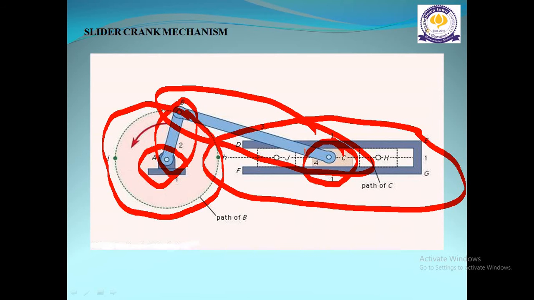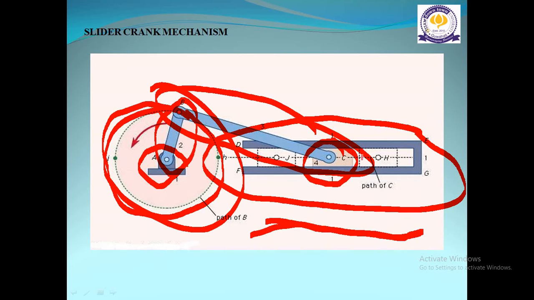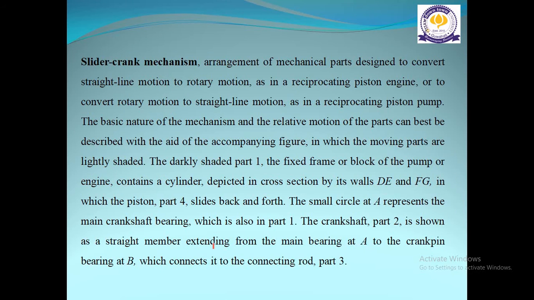This slider moves forward and backward, that is to and fro motion, and it is the reciprocating motion. So slider crank mechanism consists of two different motions. One is the rotary motion where the crank rotates, and another is the reciprocating motion where the slider moves forward and backward.